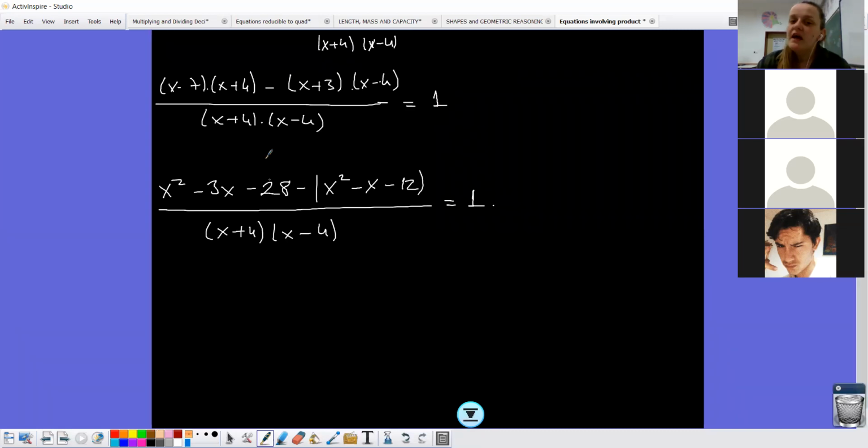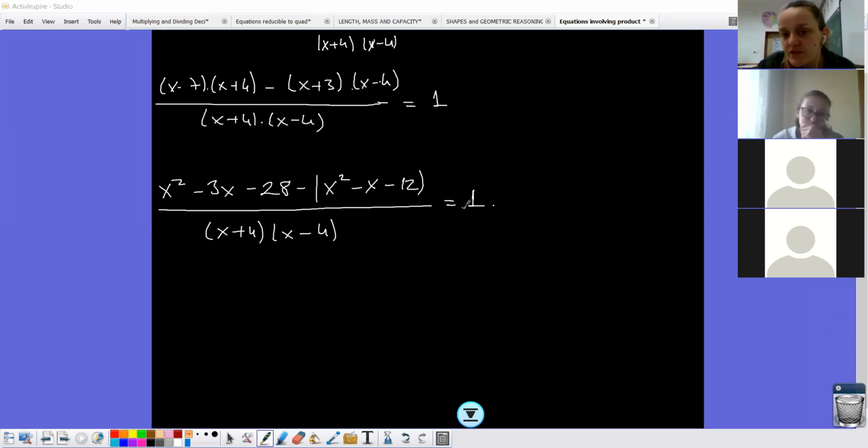Now our equation is not still equal to 0. I have 1 here. So I will take this one to the other side to have it in standard form. And then I'm writing x plus 4, x minus 4.